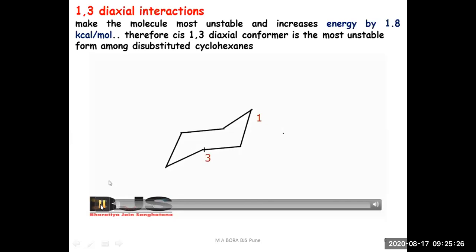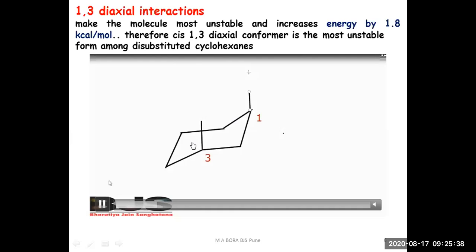So what is 1,3 diaxial interaction? In 1,3 diaxial interaction, two methyl groups are in the same plane, located at alternate carbon atoms, and since methyl is bulky, the space between the two groups will be very less, and because of that, this particular molecule becomes highly unstable.